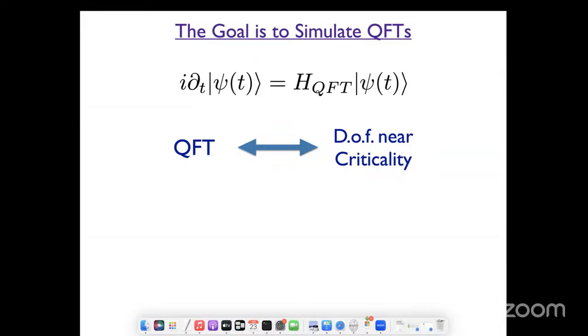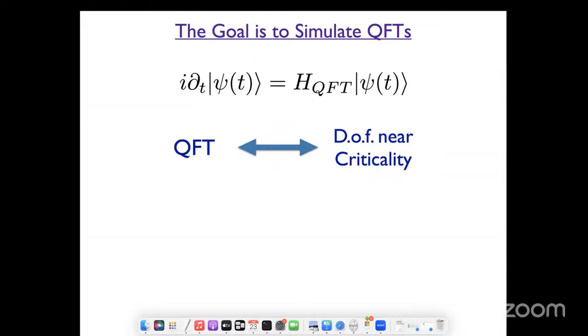This connection is very profound, and not only is it very interesting and beautiful that quantum field theory can describe the physics near criticality, but in a sense, this connection flows both directions. When we think about quantum field theory non-perturbatively, in practice, the way we think about it is by setting up some sort of condensed matter-like system and tuning the parameters of that system to criticality, right?